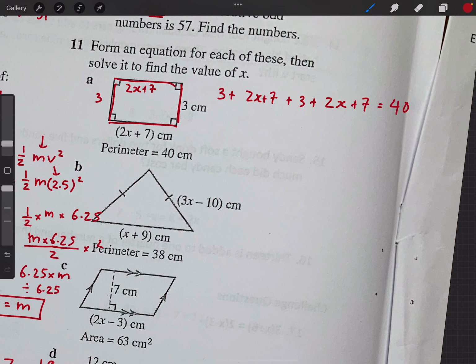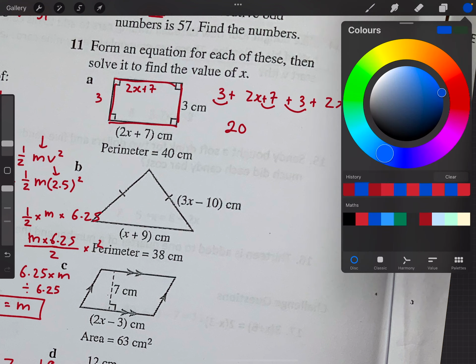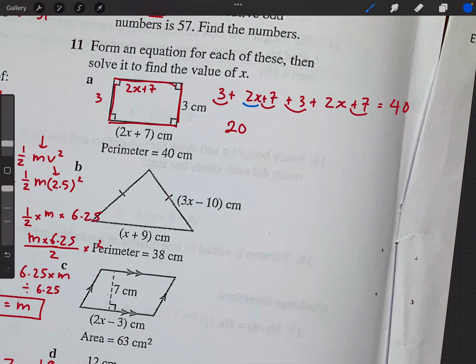Okay, so let's collect the like terms. You got 3 plus 7 plus 3 plus 7. 3 plus 7 is 10. 3 plus 7 is 10, so that makes 20. Now let's consider the x's. You got 2x plus 2x. So that means you got 4x.